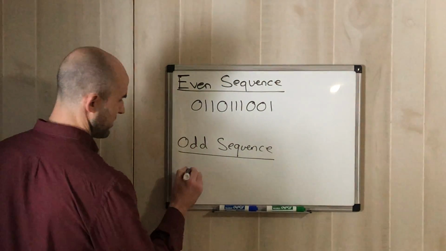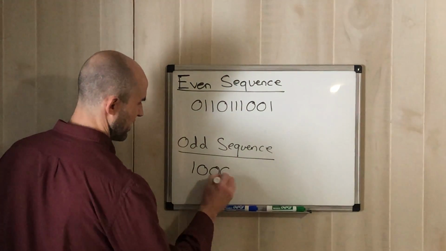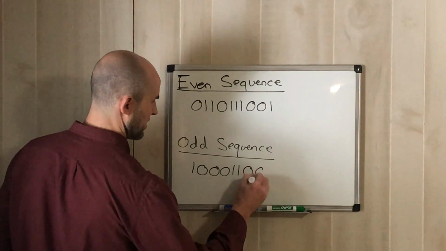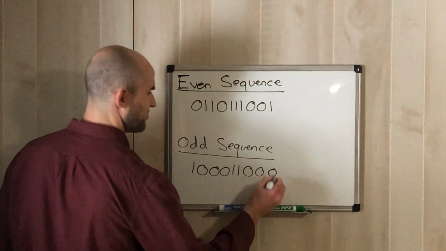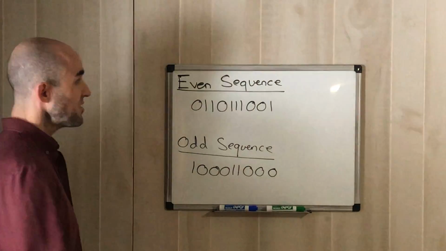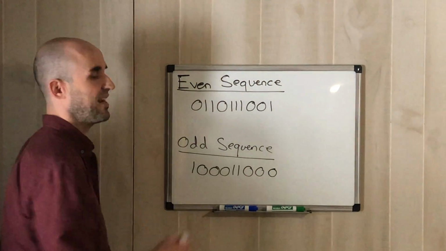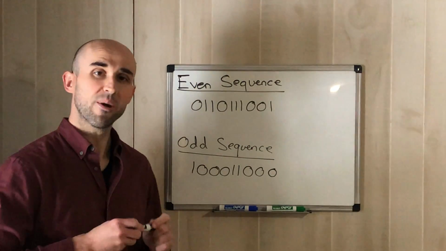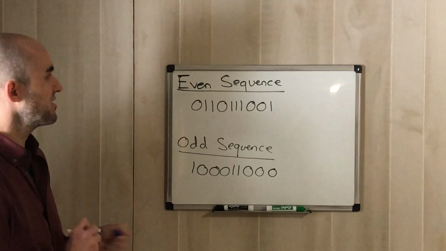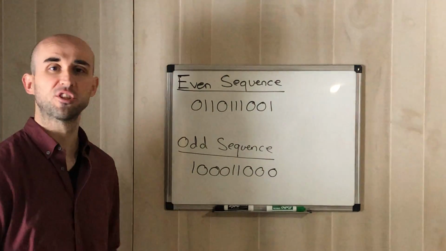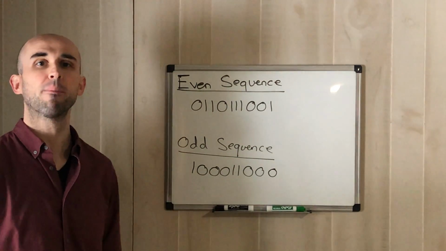An odd sequence would end up being something like this. Let me put another zero. So this one's an even sequence, this one's an odd sequence. The way that we actually tell the difference between one and the other, in even sequence, all you ever care about, just like when we're actually trying to calculate values, you care about the ones.